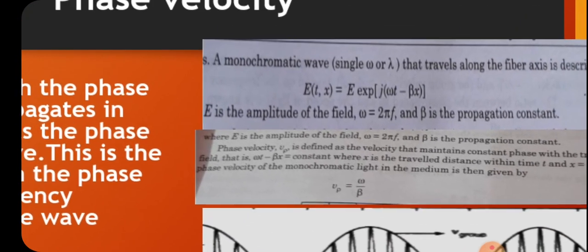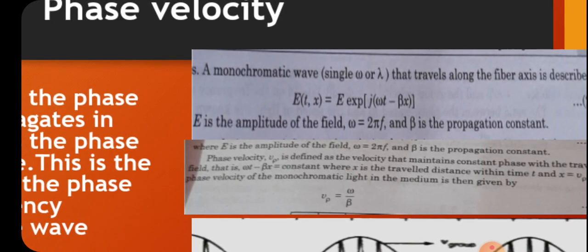And also we can say a monochromatic wave. What do you mean by monochromatic wave? It has a common angular velocity and wavelength, so a single omega and wavelength.